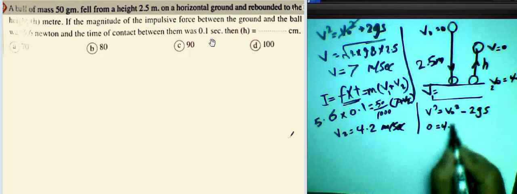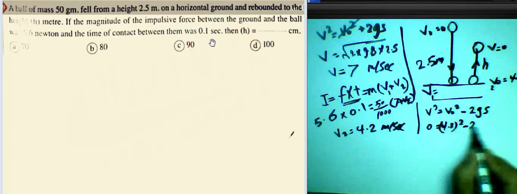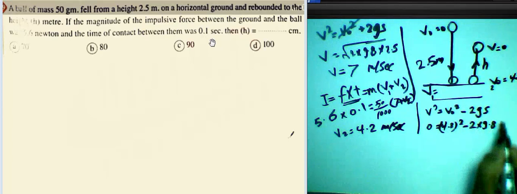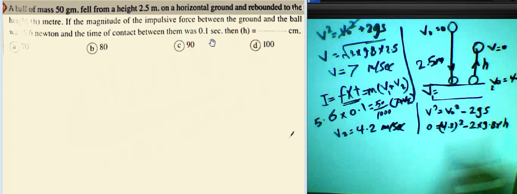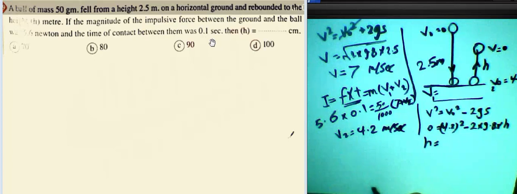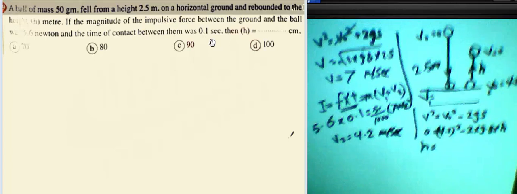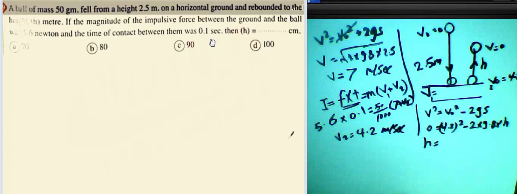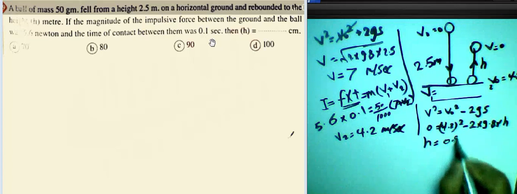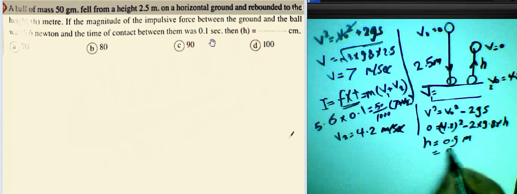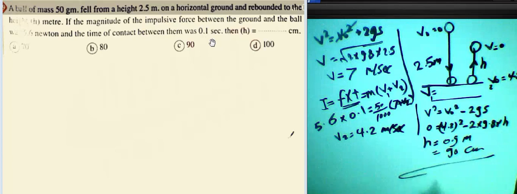V naught equals 4.2, so 4.2 squared minus 2 multiplied by 9.8 multiplied by the height here. The height, using a calculator, will be 0.9 meter. We can convert to centimeters, it will be 90 centimeters. The result will be 90. Choose letter C.